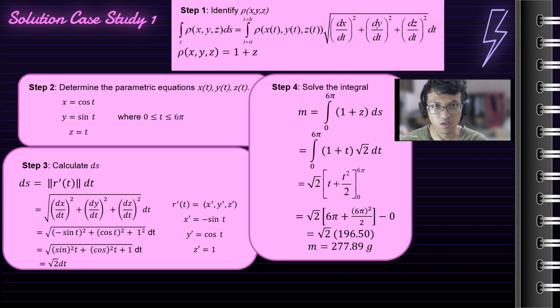From that we solve using the integral from 0 to 6 pi of 1 plus z ds. We can change ds to the square root of 2 dt that we got from step 3, then multiply and simplify. After that, we get the mass as 277.89 grams.